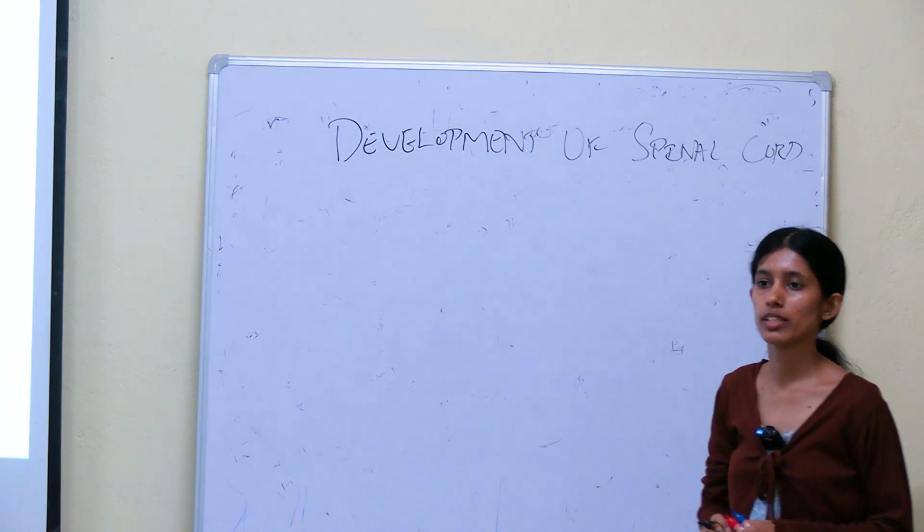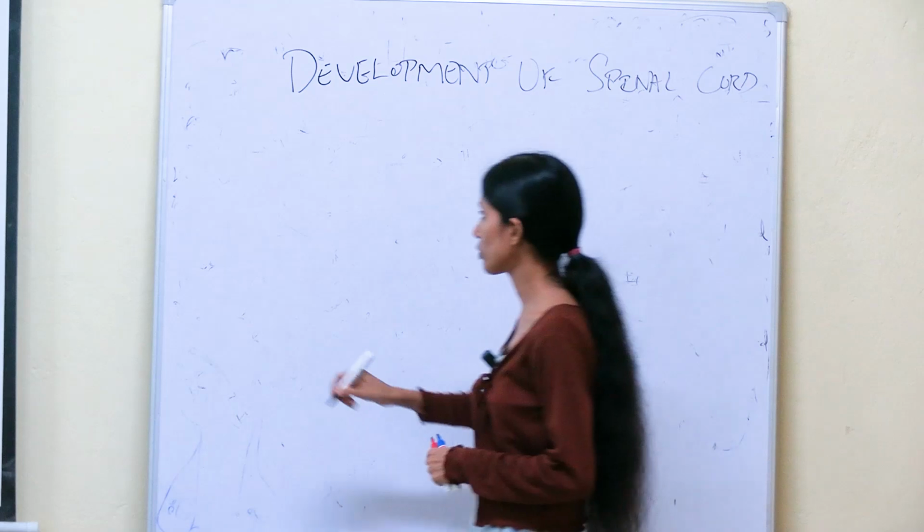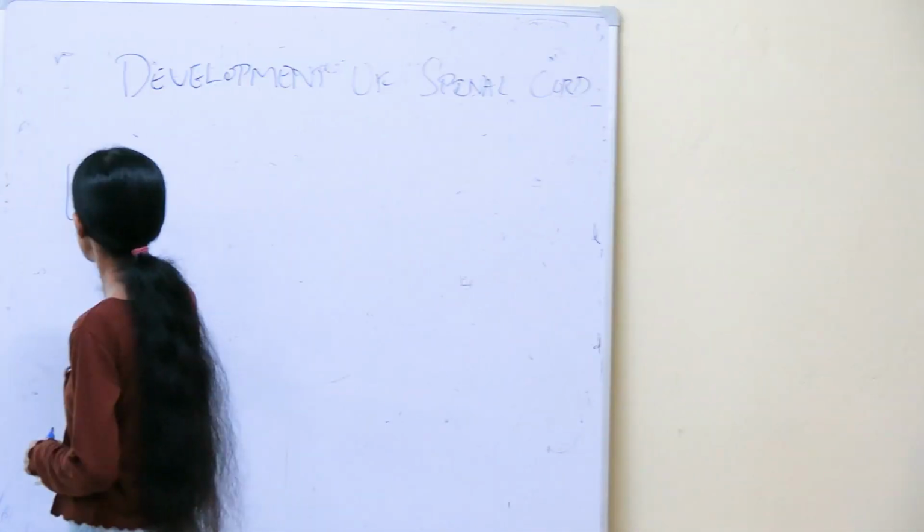In which week can we see the development of the spinal cord? 4th week or 5th week? 5th? Sure?